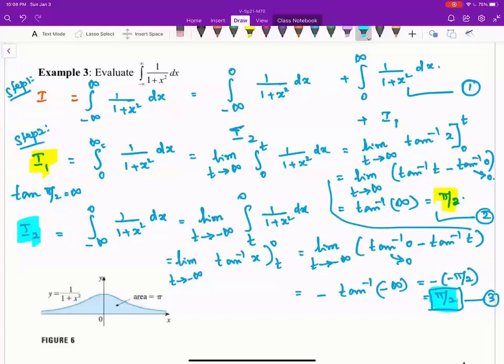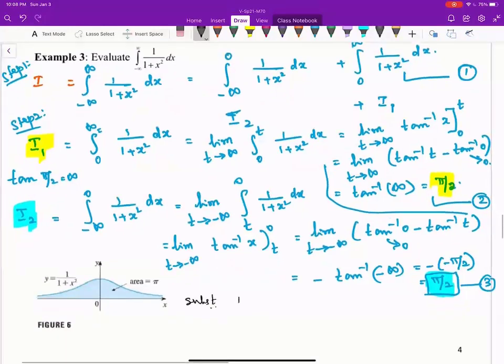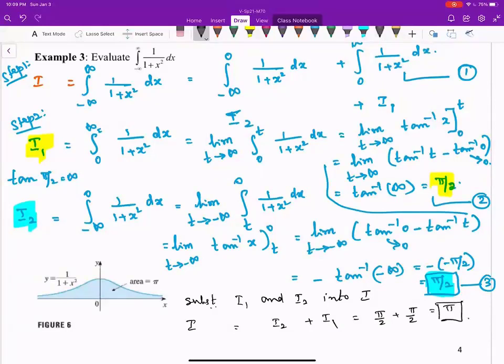Now going back to step 1 and substituting the values of I1 and I2, we get I equal to I2 plus I1, which is equal to pi by 2 plus pi by 2, which is equal to pi, which is a finite limit.